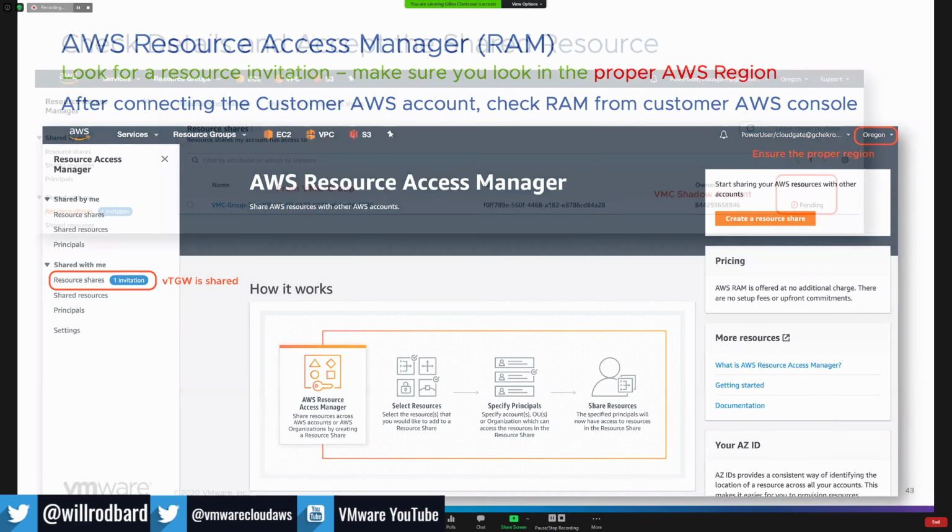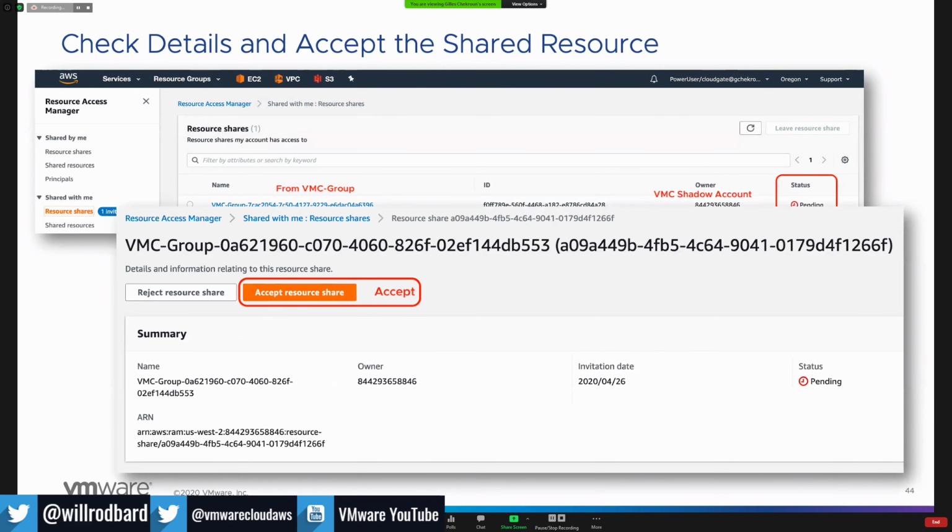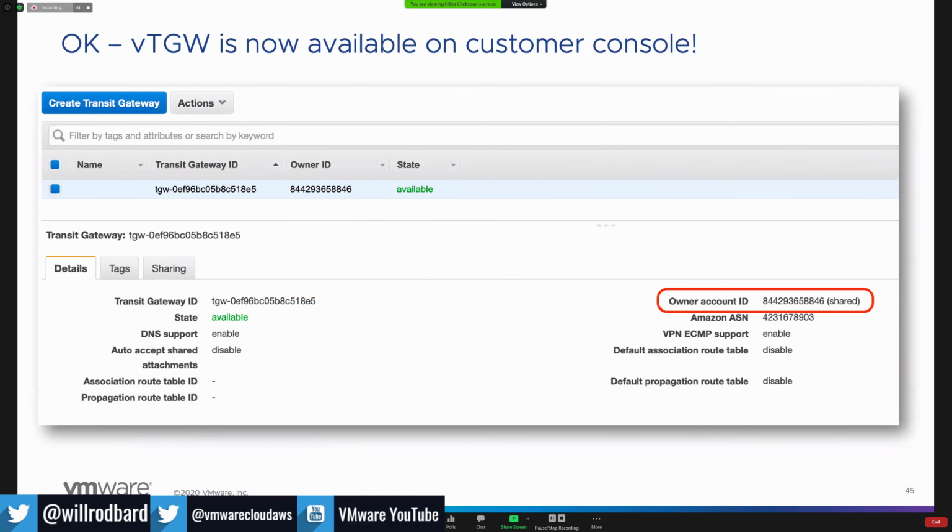I would see an invitation from the VMC group, and I can see that the shadow account is the one that belongs to VMware or to the org, and then I need to accept it. So I accept it, and I now have a transit gateway available in my console. I am the customer, and this owner account ID is the one shared with the VMware shadow account.